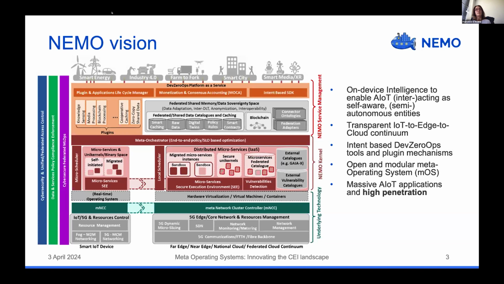This includes the plugin and application lifecycle management platform, which is the way to add extensions on NEMO as plugins, the accountability component, and also an intent-based SDK API, which exposes the NEMO functionalities programmatically. Also, we have the three cross-cutting functions referring to federated MLOps, cybersecurity, and policy compliance.